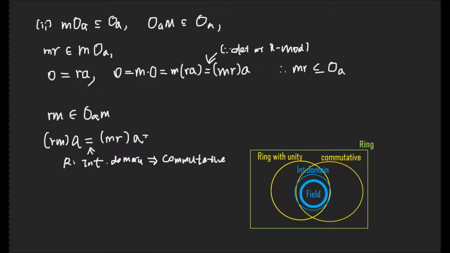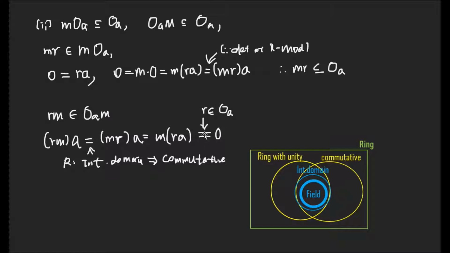Then in this case m and r are elements in R. This is a ring element and this is an element in the additive group, and by the definition of the R-module we can say m r A, and this is 0 in this case because r is contained in O_A.